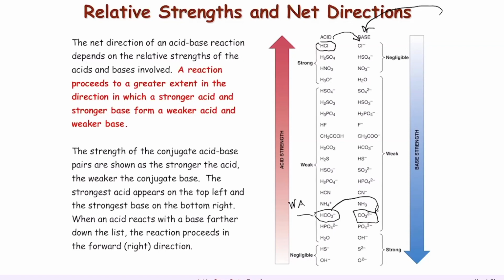So remember the definition of an acid and a base, the Bronsted-Lowry definition. An acid is a chemical that wants to give up its hydrogen really efficiently. The more willing it is to give up its hydrogen, the stronger that acid is. A base is a chemical that wants to accept a hydrogen.